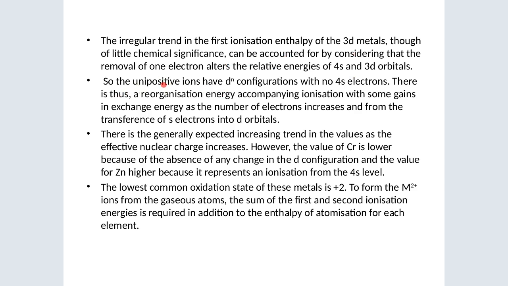If you consider the unipositive ions here, configurations of 4s electrons, then there will be a reorganization of the ionization with some gain in exchange energy, so that some electrons, as we have said, in chromium and in zinc would move from 4s to 3d orbitals.